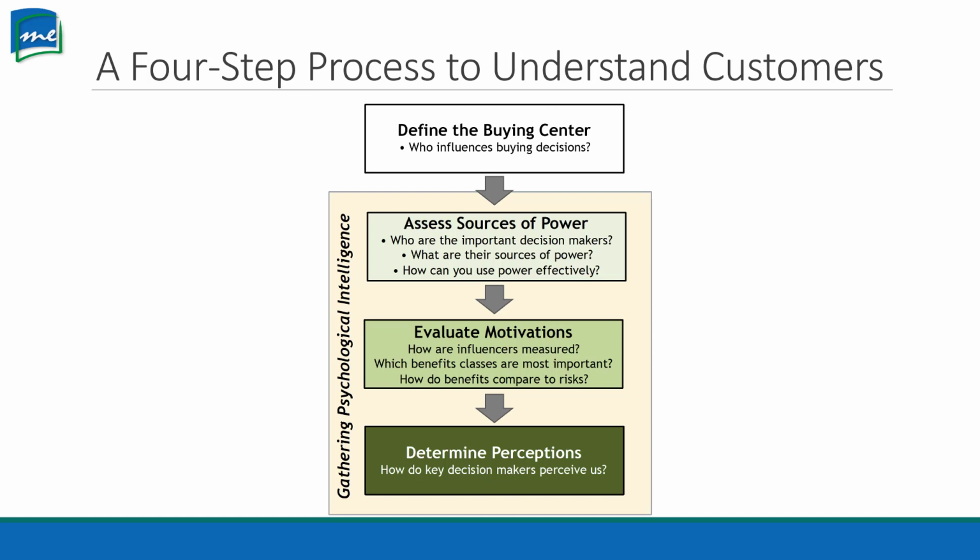Who are the important decision makers? Is it the end user, the customer that's external to your organization that's influencing it all? Or is it an executive from your company? Is it a partner company? And what is their source of power? If it's an executive within your company, they probably have a lot of power.